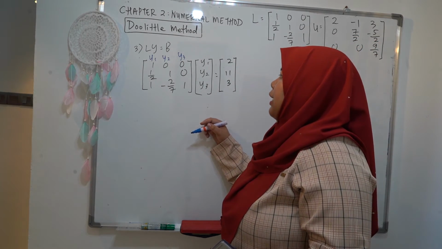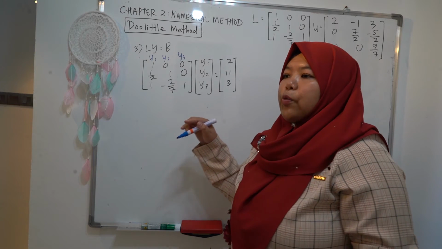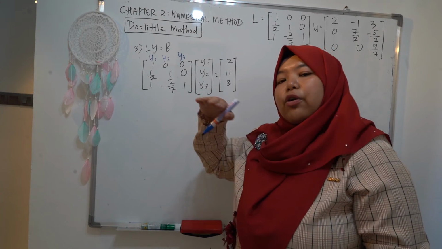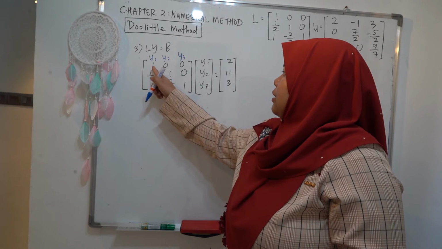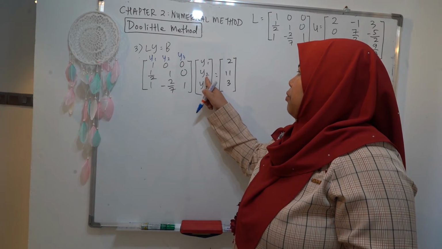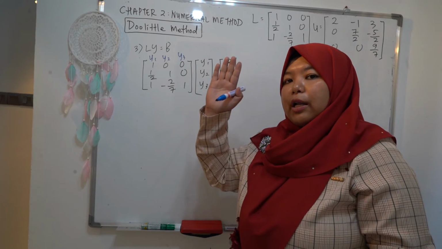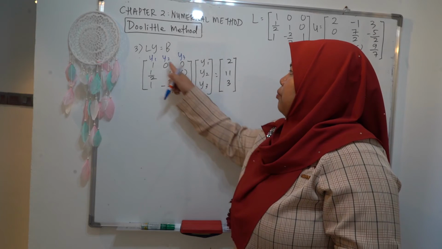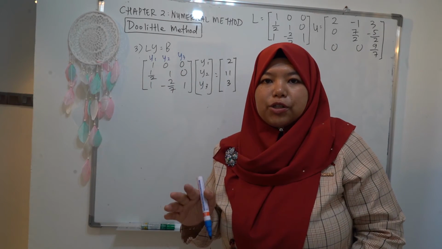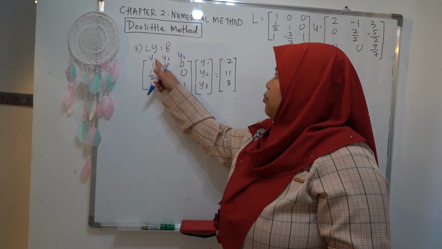When we multiply the matrices, we have to multiply row and column, like this: 1 times y1 plus 0 times y2 plus 0 times y3. For me, I just put it here, so it's up to you whether you multiply row and column or just put it here.